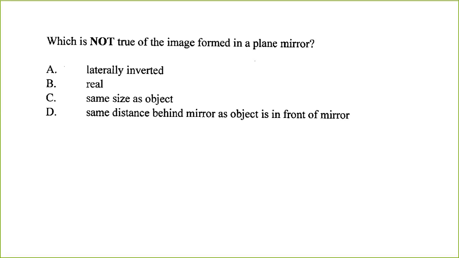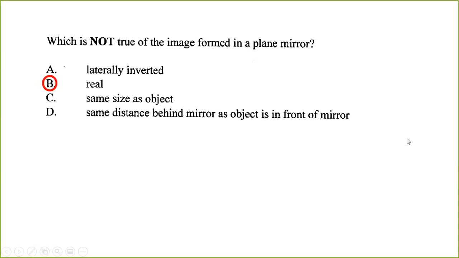Awesome. You're very smart. I did not even mention the word real once. You were able to use your process of elimination and know that the others, so it must be B. You're absolutely correct. A real image is the opposite of a virtual image.